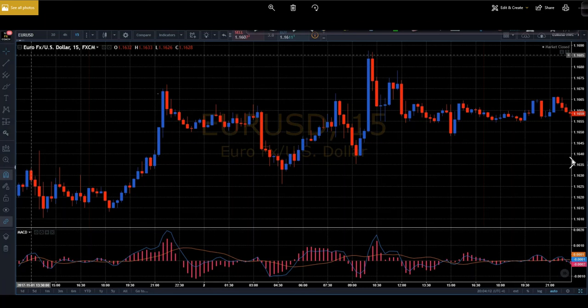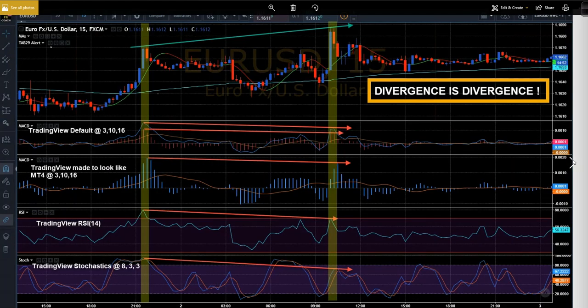Yes, we're referencing the D point of the scan. So this was a slide just to show that if you have divergence on one of the indicators that should show divergence, you should have it on all of them. In times when that doesn't happen, I would reconsider the trade if you need divergence as a qualifier. If you can get by with the Bollinger Bands and the RSI, so be it.